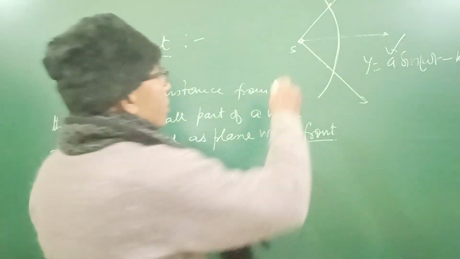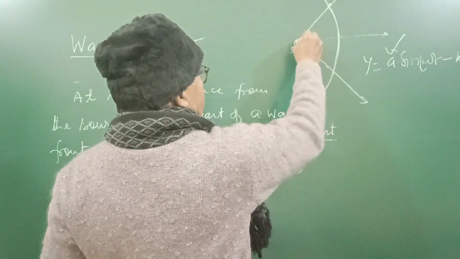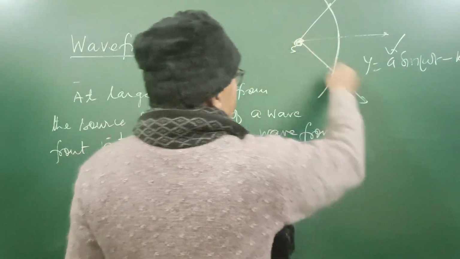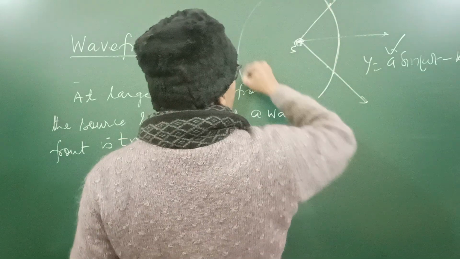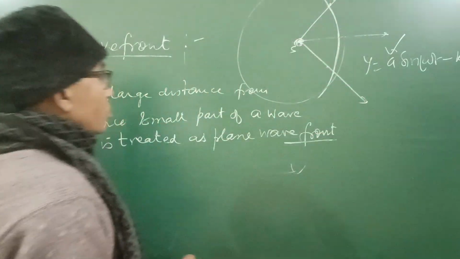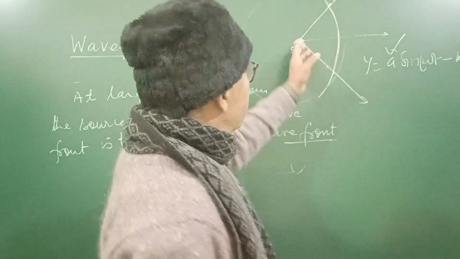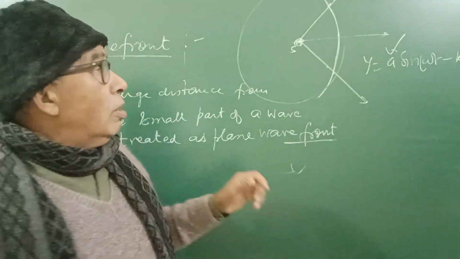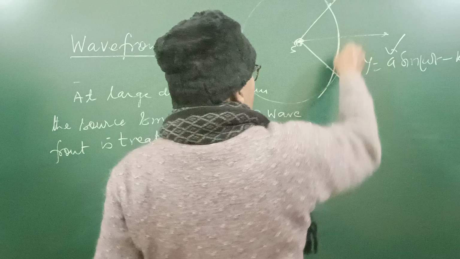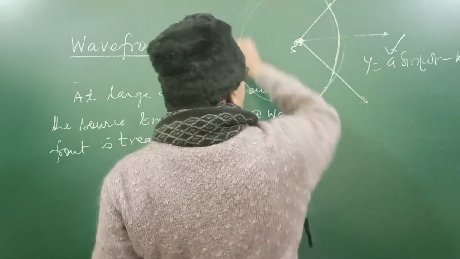So the energy of the source is a source. It will be spreading all around. So how much intensity is there? This total energy is spreading in the sphere. If we think this is a wavefront, this is not a part, it is spherical here.